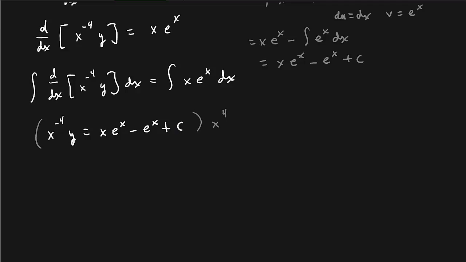So we're going to get y is equal to x to the 5th e to the x minus x to the 4th e to the x plus c x to the 4th. And that's on the interval from 0 to infinity.